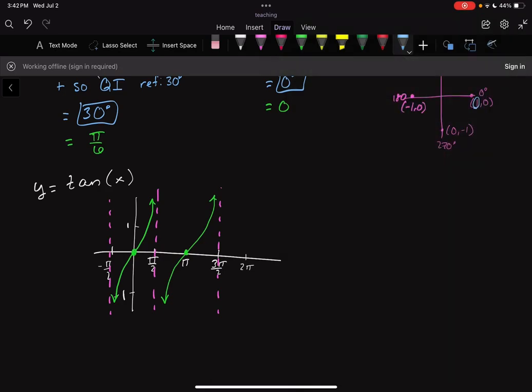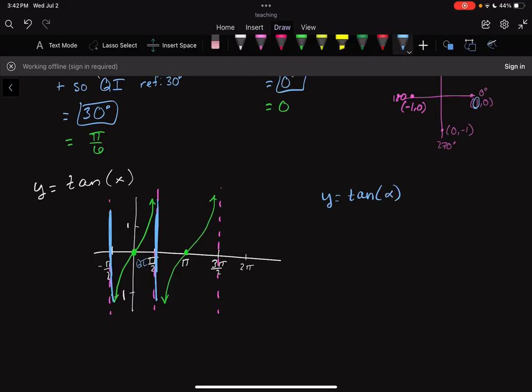So the interval that we're going to use in order to preserve quadrant 1, just like we did with sine and cosine, we're going to block it off at negative pi over 2 to pi over 2. However, we have to be careful here because we can't actually equal those.